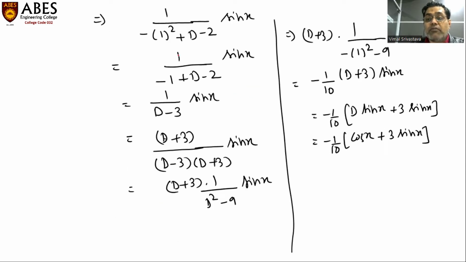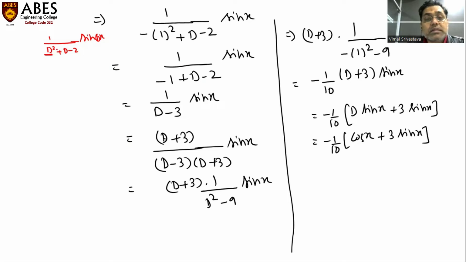Again, we are only focusing on the term of D square. If we see our equation, it was 1 upon (D square plus D minus 2) into sin x. So the value of a here is 1, and D square is this.